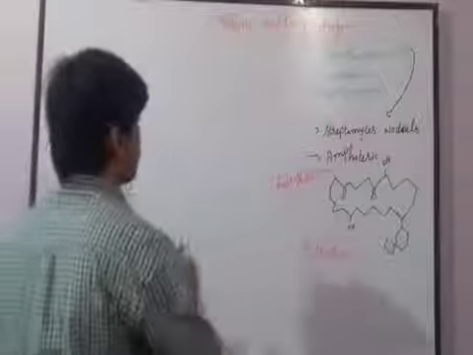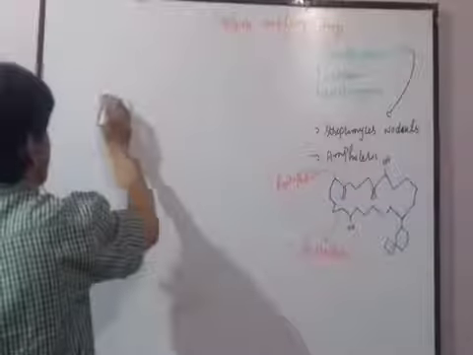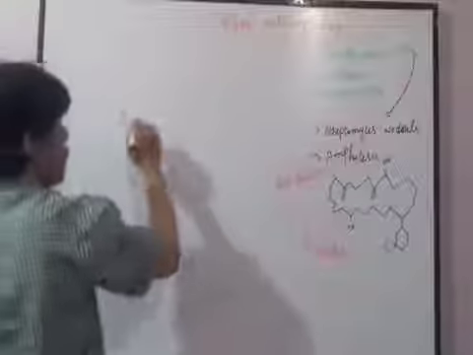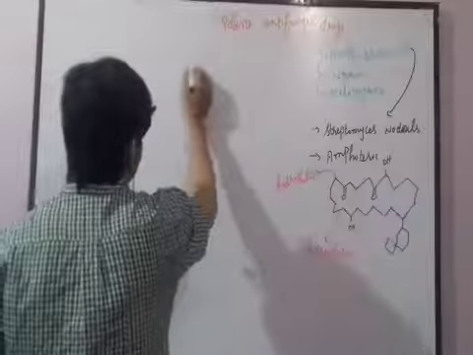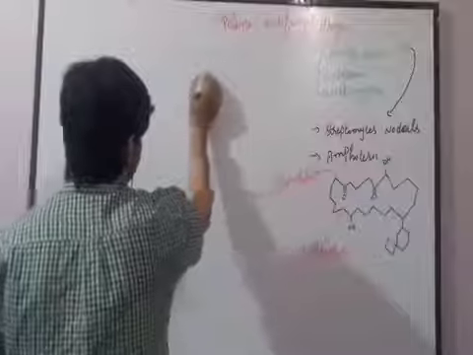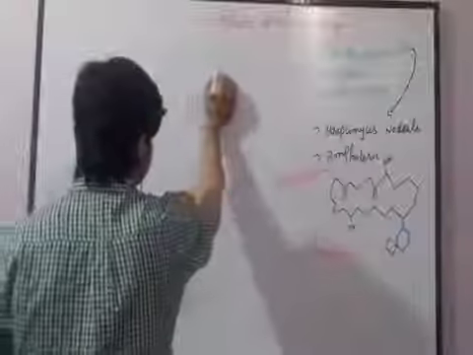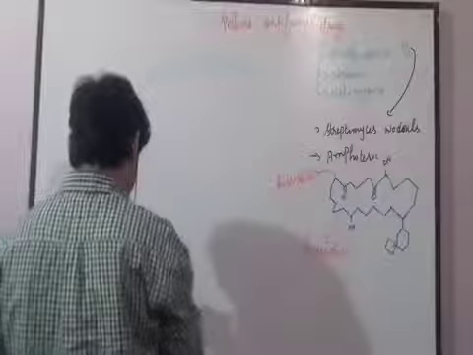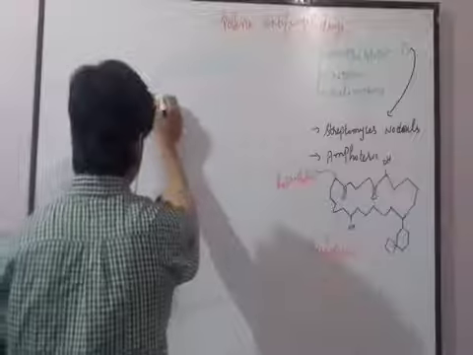First of all, you should know that fungi also have a cell wall. I'm not drawing the exact structure of the cell wall; inshallah I will draw it in some other video lecture, but not in this one. Let's suppose this area is the cell wall, and after the cell wall there will be a cell membrane.